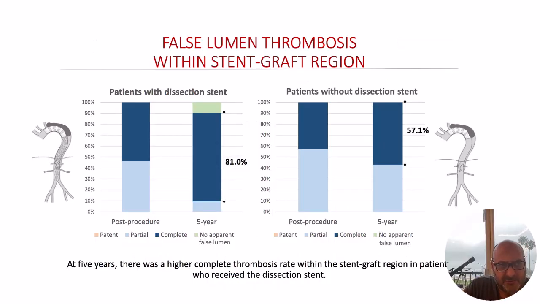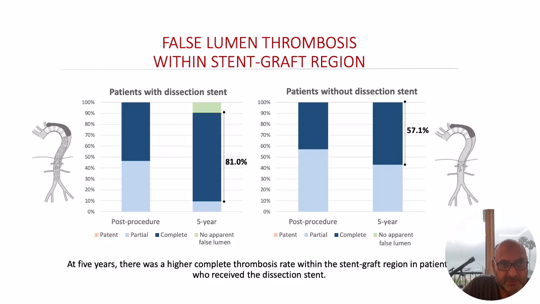basically, if you use dissection stents, there's an 81% chance of false lumen thrombosis and complete thrombosis. 81%, and there's a smaller percentage, not small, but still smaller, where the false lumen completely disappeared.